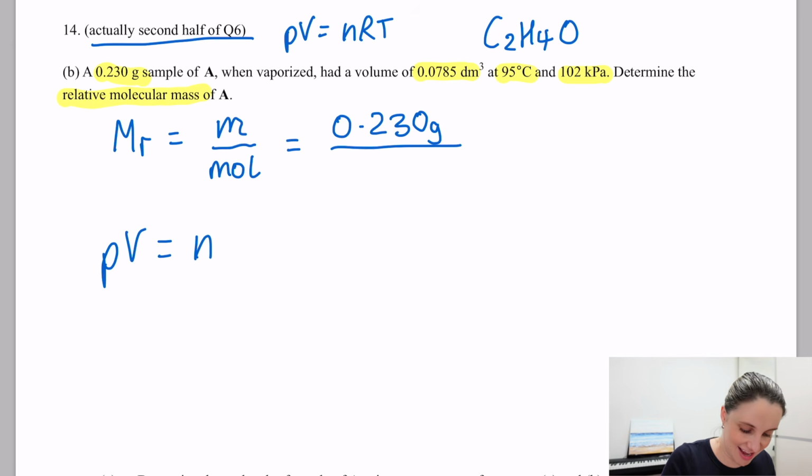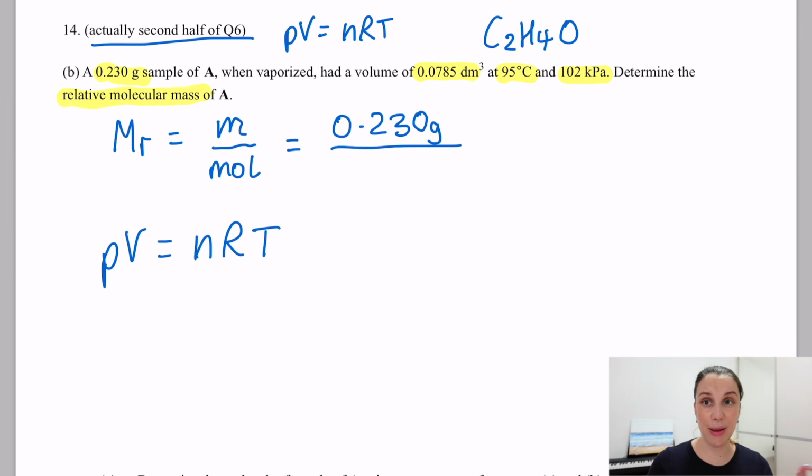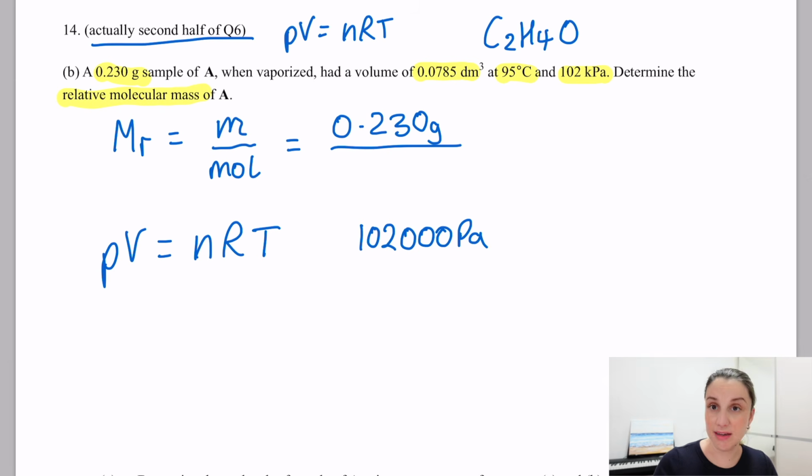PV equals nRT. So the pressure was 102 kilopascals. Remember, the pressure needs to be in pascals, so I need to change that. 102,000 pascals is the pressure, times the volume.